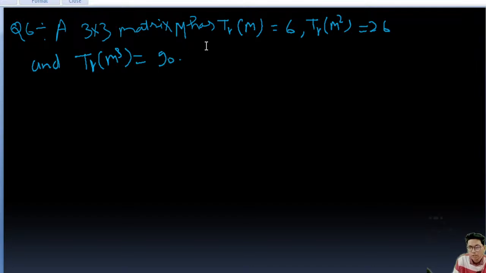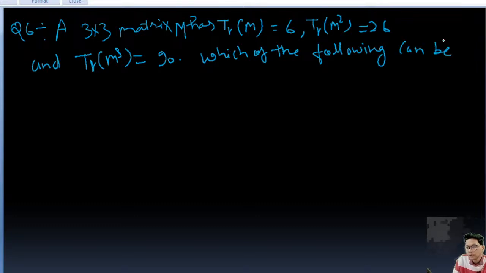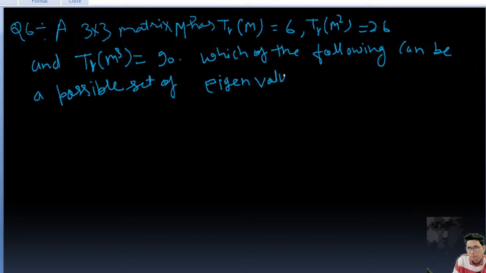Okay. So which of the following can be a possible set of eigenvalues of M?